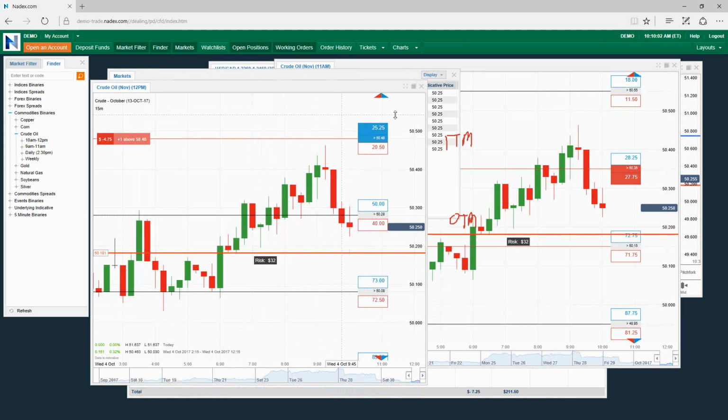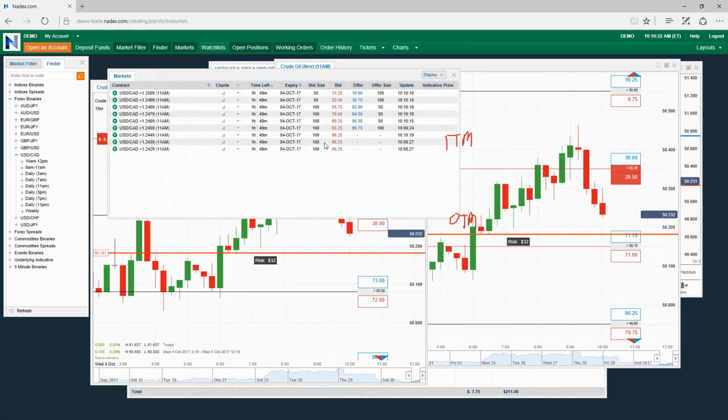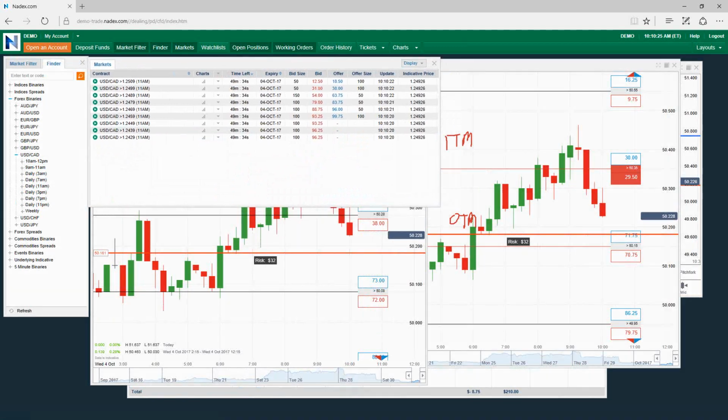So in essence, you have a spread, both long and short. Then you have the 11 a.m. and then you have the 12 p.m. Does everybody understand that? But now remember, the Canadian also will move, okay? So we're going to look at the Canadian, and let's say my bias is actually to the downside on the Canadian, and right now it's trading at 24.92, okay?